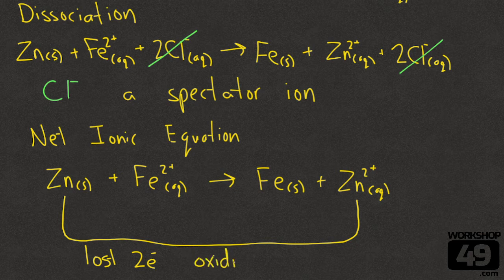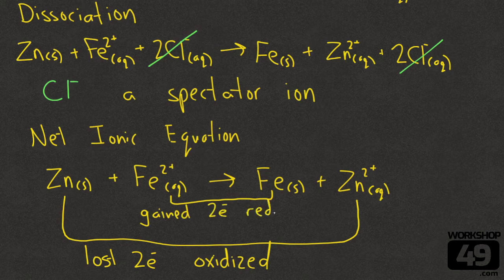This has been oxidized. Our iron, on the other hand, in order to go from a 2 plus charge to a neutral charge, it had to have had -2 added to it, which means it actually gained 2 electrons. The iron was reduced.